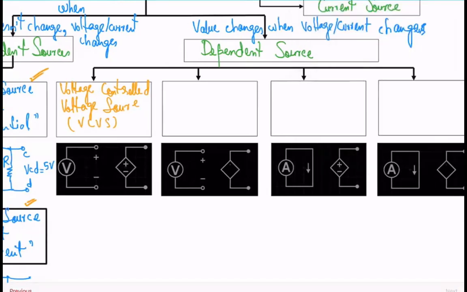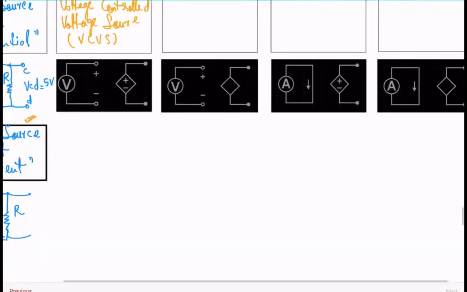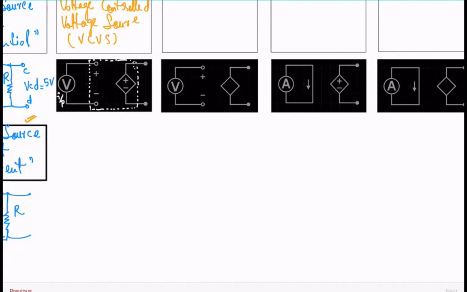This block, this dotted block right here, basically connects the input part and the output part of the circuit. This is the input part, and this is the output part. If I have these terminals A and B here, the voltage will be the potential difference between the two, VAB. If I have terminals C and D over here, the output voltage will be VCD, correct? This is your independent source.